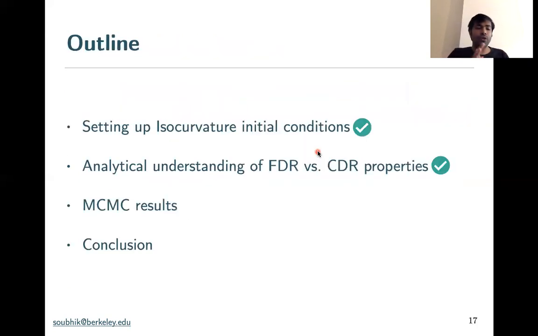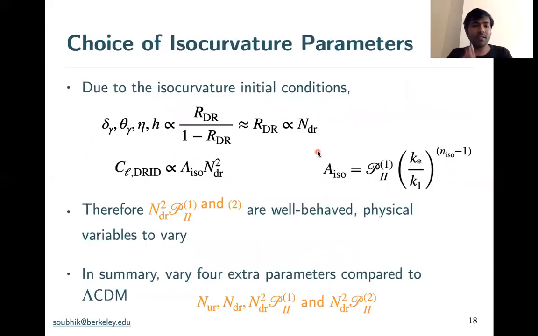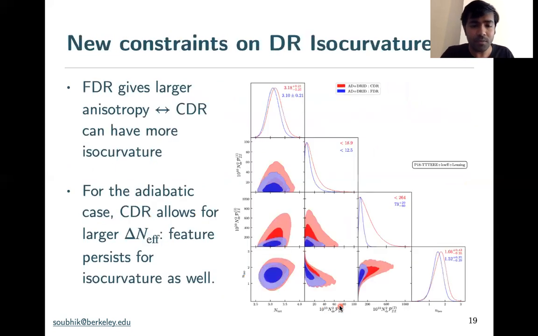Okay, so let me now talk about the results. Here are some quick details about our MCMC scans. The quick point is that we have extra parameters: the number of degrees of freedom in neutrinos, in dark radiation, and also the isocurvature amplitudes. But here's the final result. Here I'm plotting CDR in red and FDR in blue.